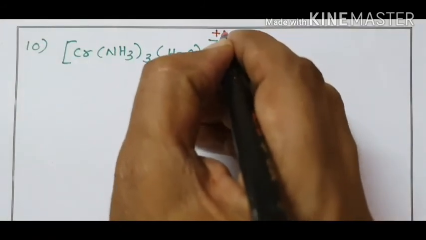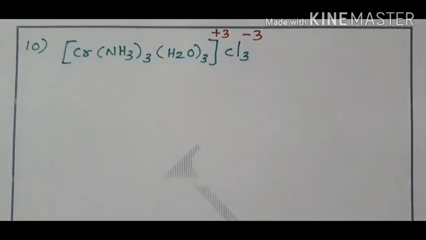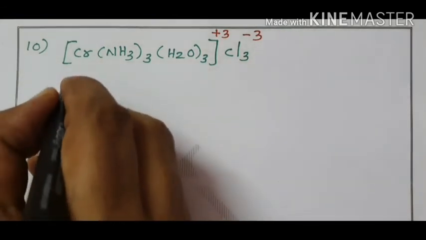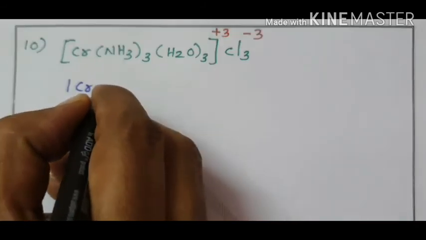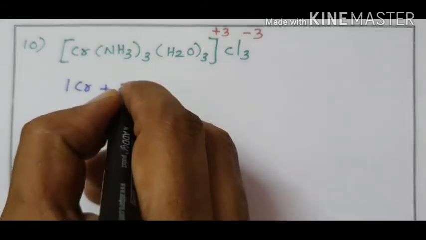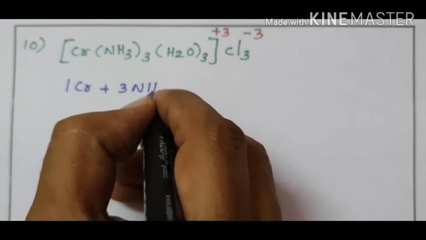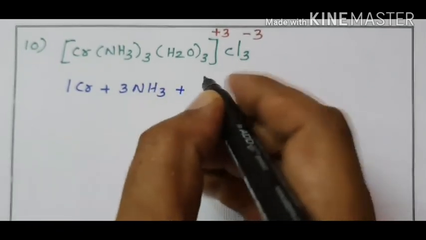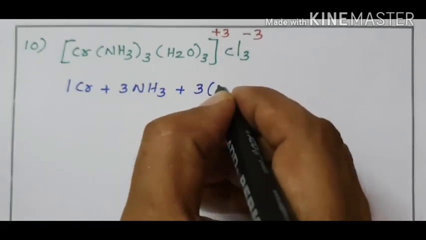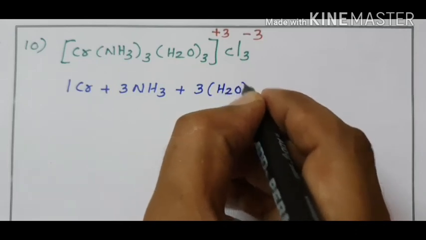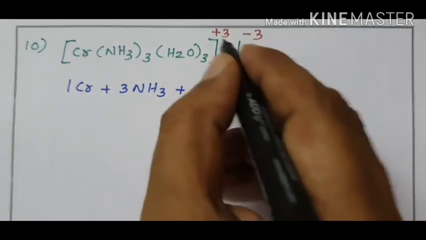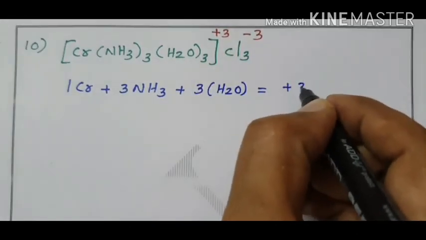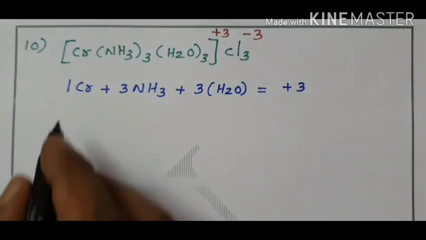Therefore, the charge on the coordination sphere is 3 plus. Now separate all these: 1 chromium plus 3 NH3 plus 3 aqua H2O equal to plus 3.